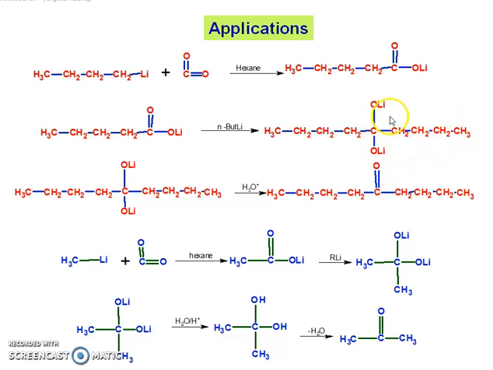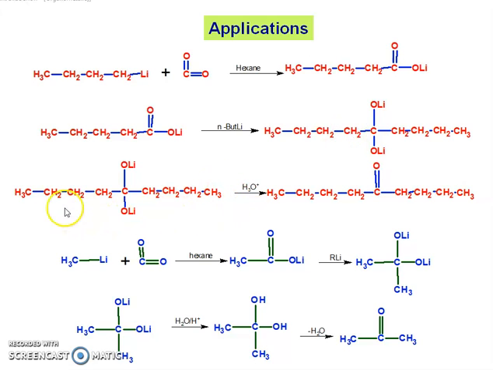In this intermediate the two oxygens both carry a negative charge. After formation of this intermediate, then what happens?